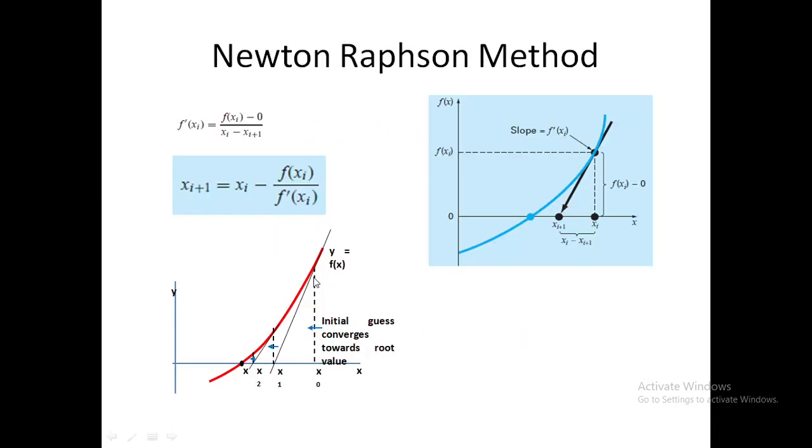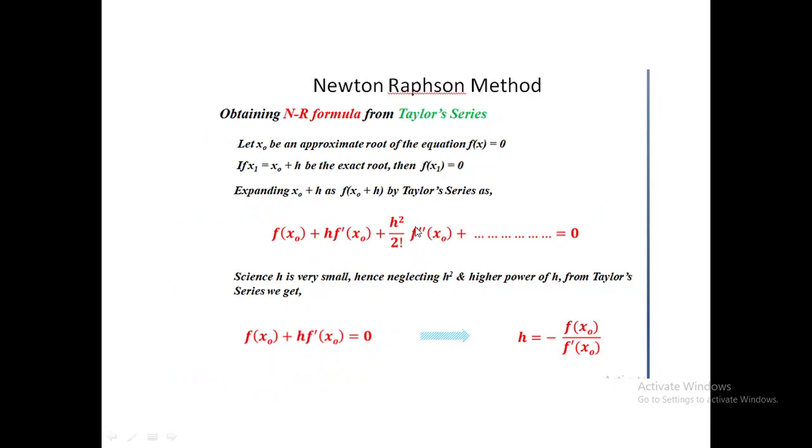Where the slope intersects the x-axis, there we get the exact root. Then we expand f of x0 plus h by Taylor series: f of x0 plus h f dash x0 plus h squared divided by 2 factorial f double dash x0 plus and so on is equal to 0.